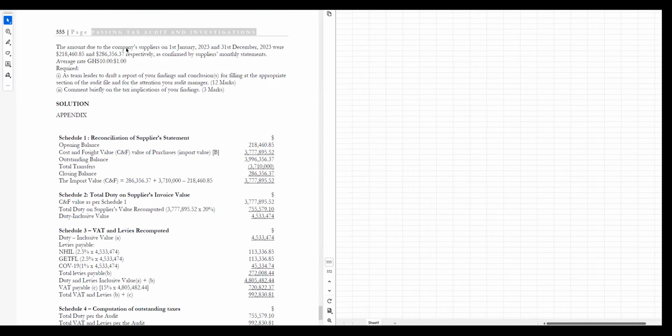The amount due to the company suppliers on 1st January 2023 and 31st December 2023 was 218,460 and 286,356.37. Amount due to suppliers, is that not the creditors' value?